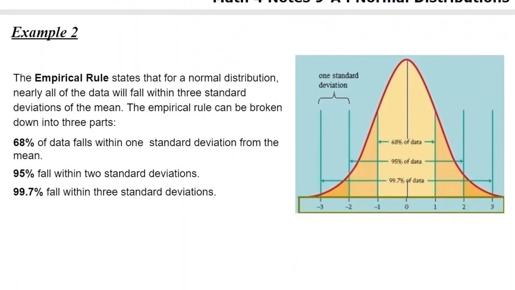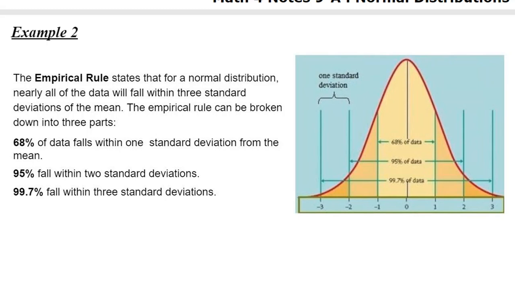Now, the empirical rule is the one that states that 68% of the data lives within one standard deviation, plus or minus, of the mean. This rule also states that 95% lives within 2 standard deviations and 99.7% lives within 3 standard deviations.